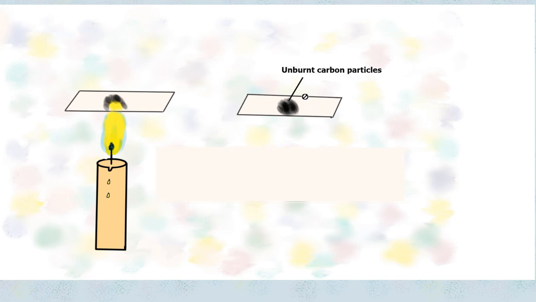So these black particles are actually unburnt carbon particles which are released due to incomplete combustion. So incomplete combustion results into the formation of unburnt carbon particles, that is known as soot also. And along with that, carbon monoxide is produced and yellow flame is given during incomplete combustion.